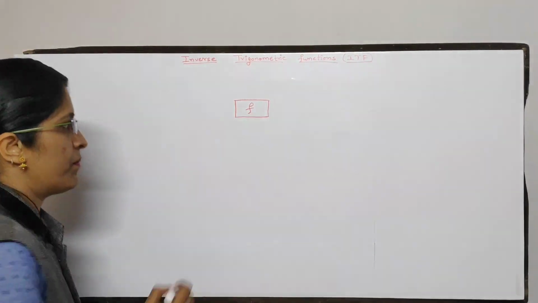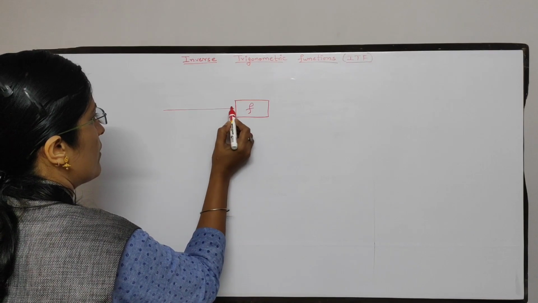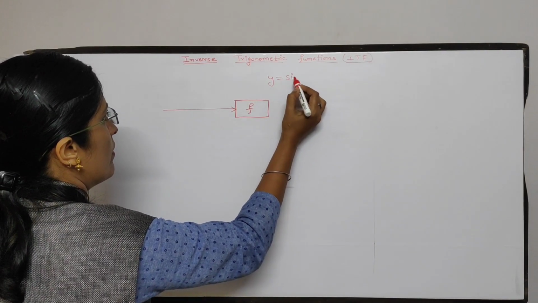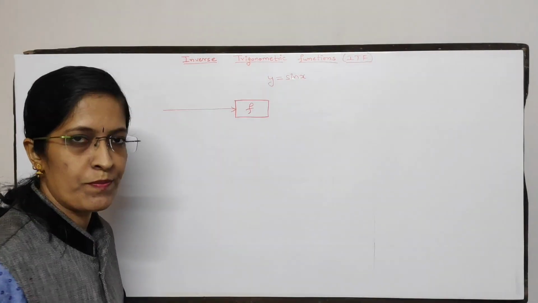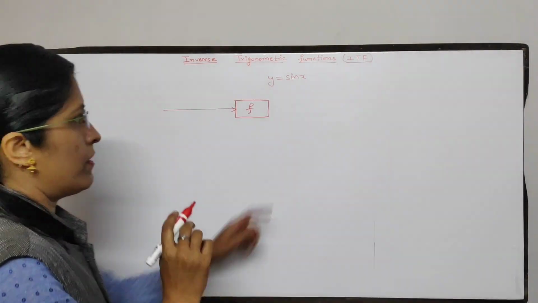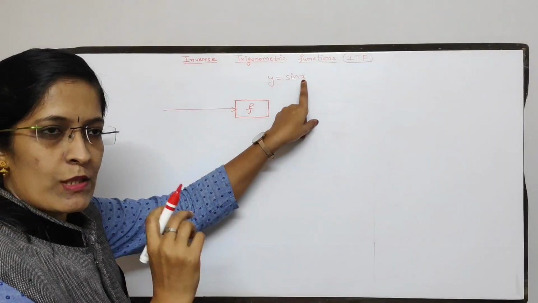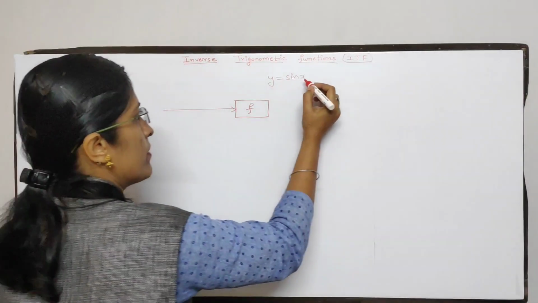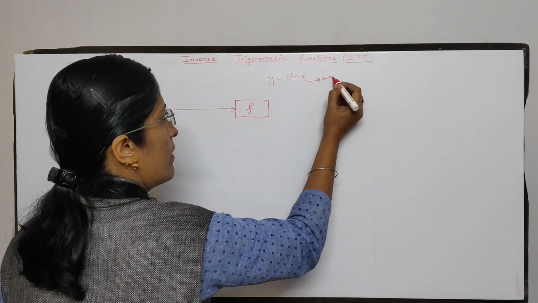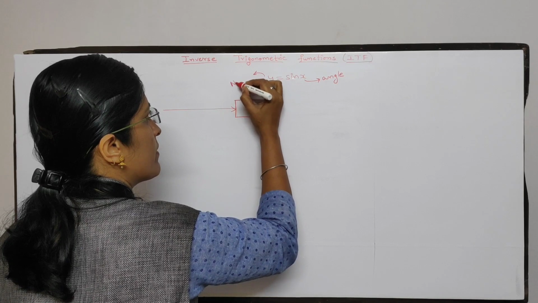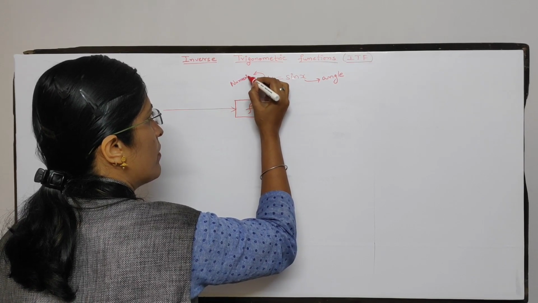Suppose this is our machine and f is our function, this is our input, and let me consider the function y equals sin x. Now here, in sin x, x will always be an angle, and y will always be a numerical value.